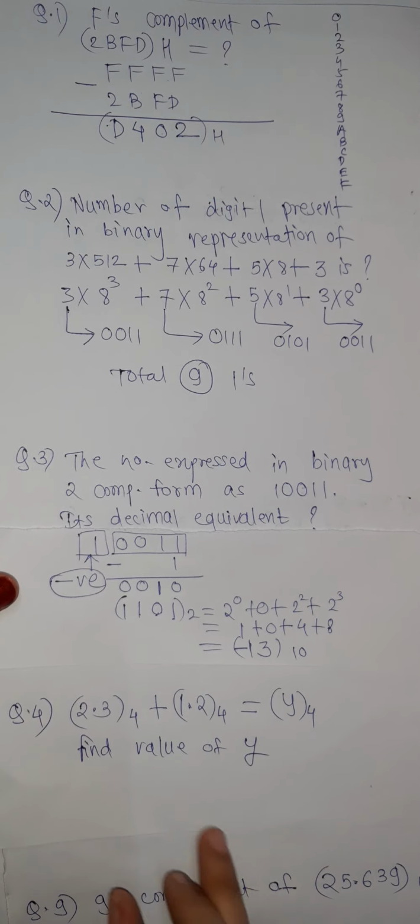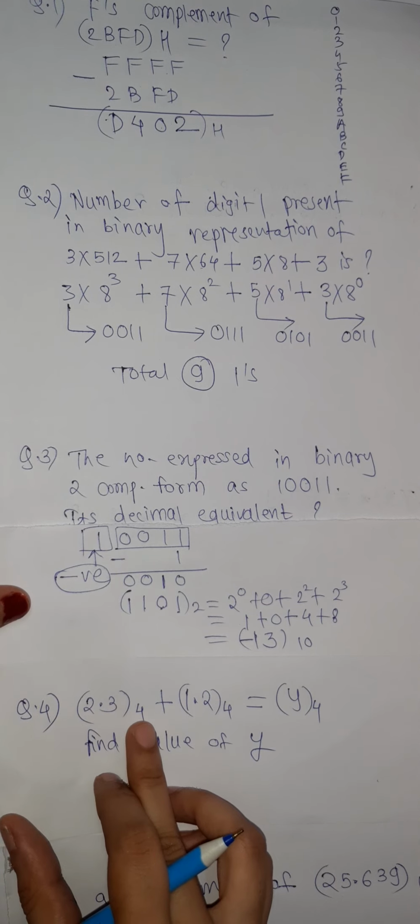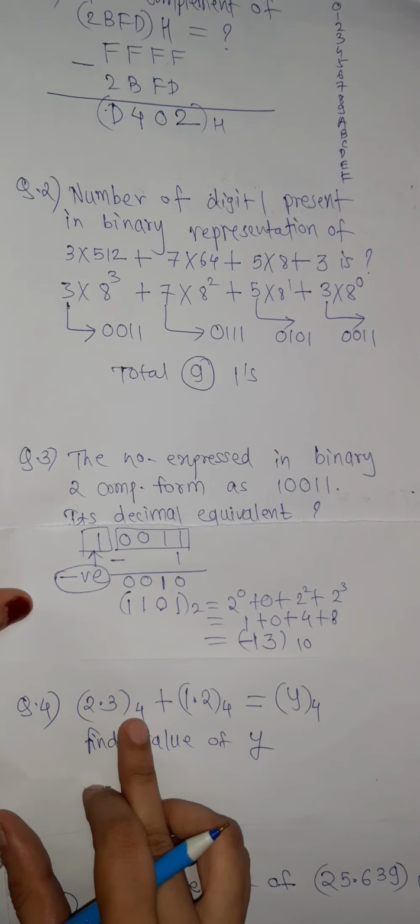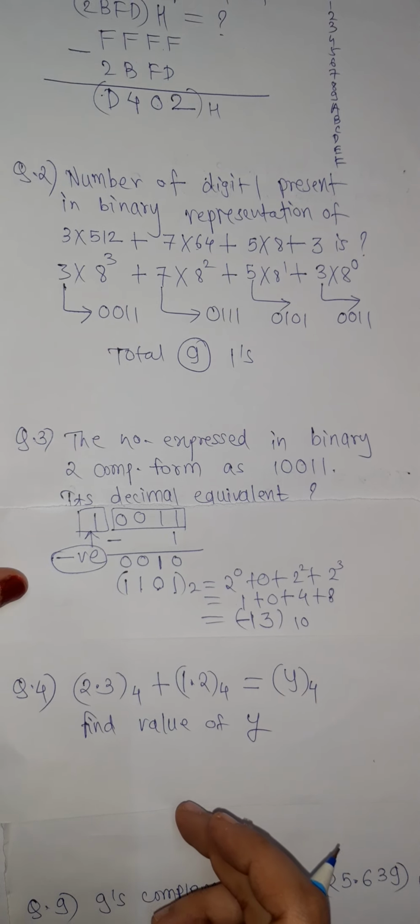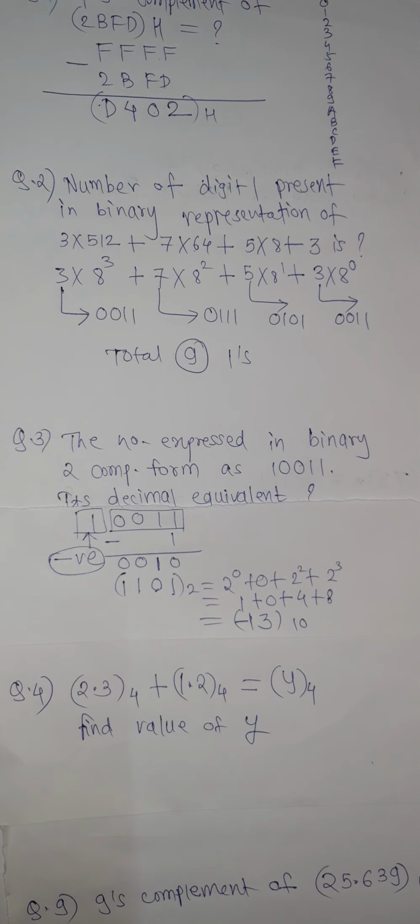So the next question is: the numbers are given with base 4. 2.3 base 4 plus 1.2 base 4 gives us y base 4. First of all, base 4 is not a standard base, but still we will try to solve.